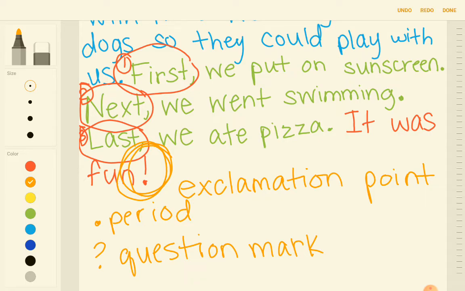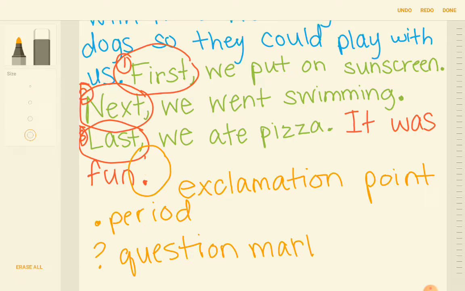So I am exclaiming, it was fun! I had a really good time. If I just put a period here, then my reader would read it as, "It was fun." But I want, when my reader reads this, to say, "It was fun!"